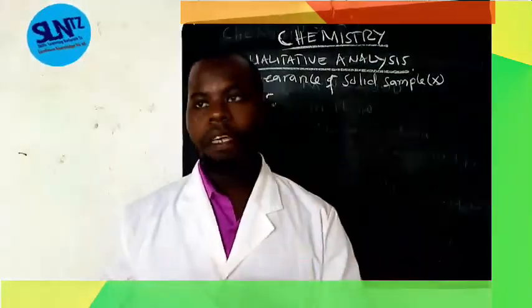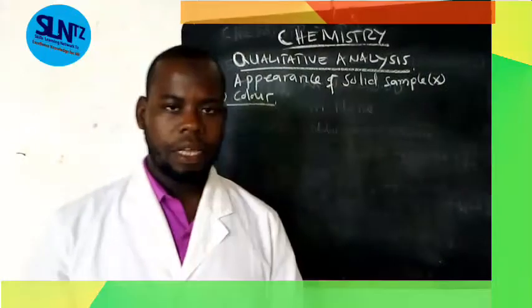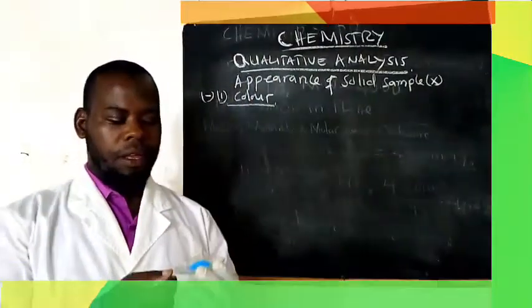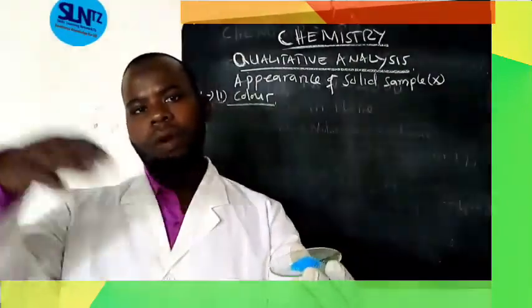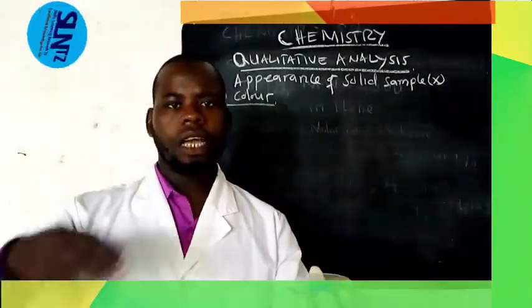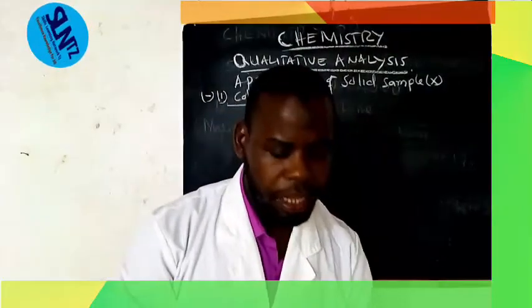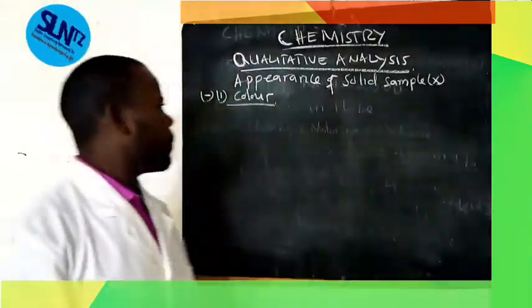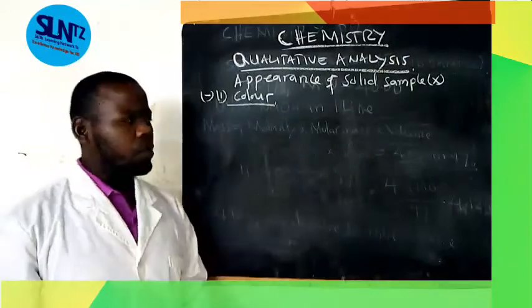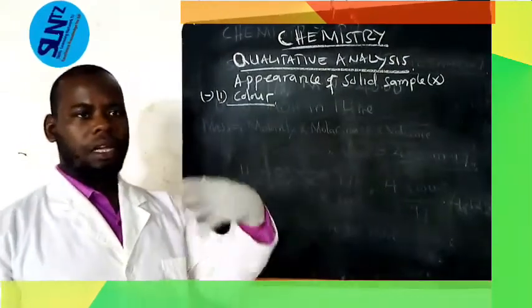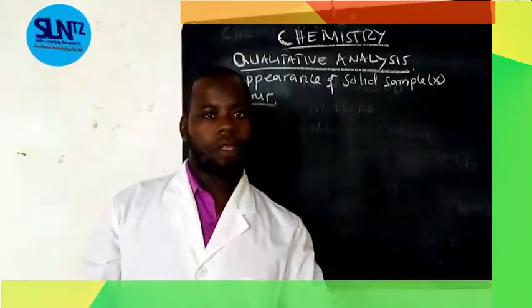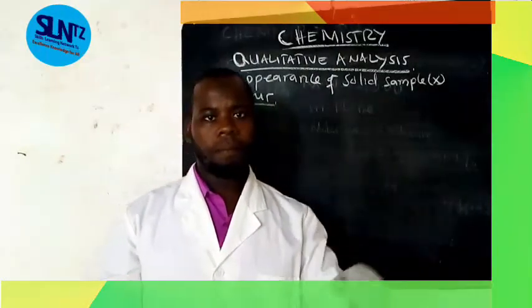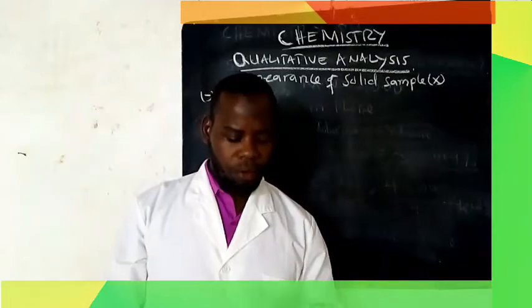Let's say we have different colors of sample. We have white. Let's say this is blue. But there is also white, green, light green, and so on. So how can you use color to identify this is zinc, this is copper, this is iron, this is sodium, through a color?